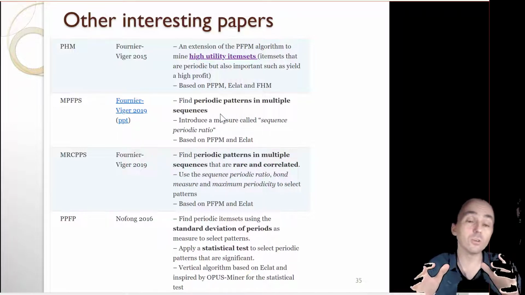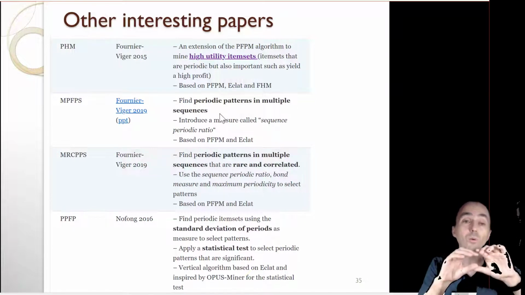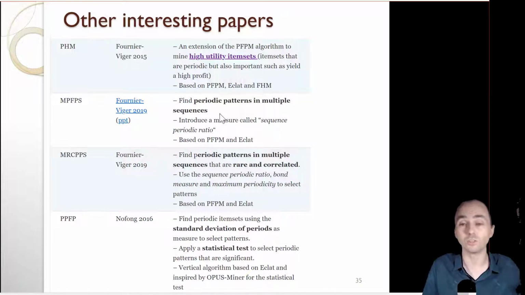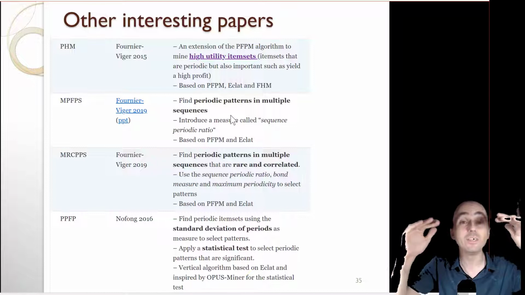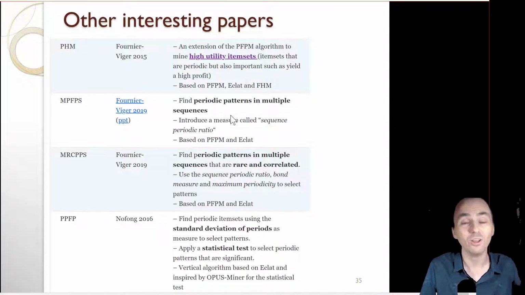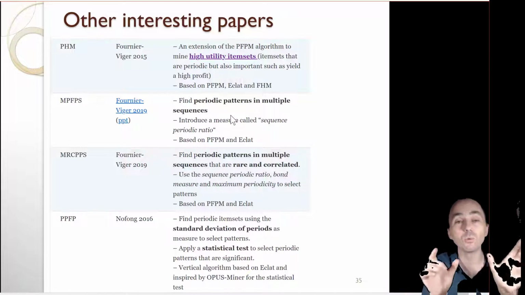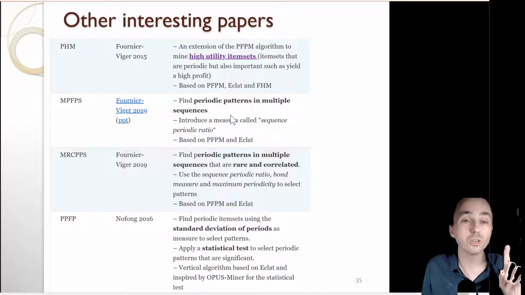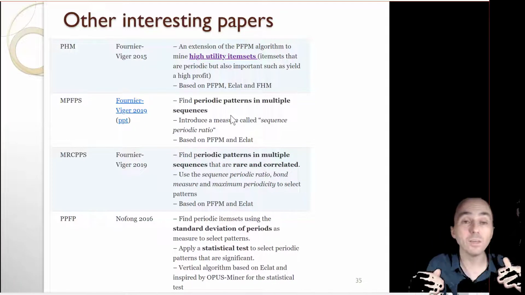In another paper, in 2019, we extend this to multiple sequences. In the traditional problem of periodic itemset mining, you have only one sequence of transactions. But here we asked, what if you have many sequences? Let's say you have many customers in a store. We want to find patterns that are periodic not just for one customer, but that appear for many people.